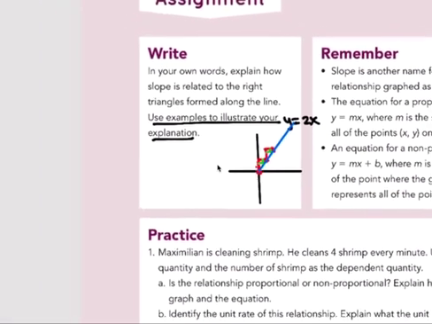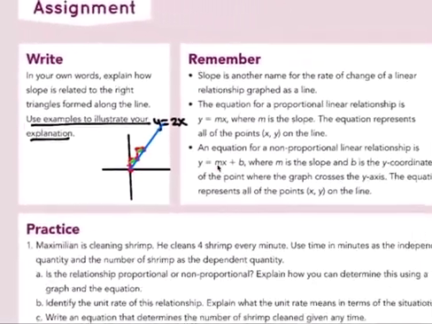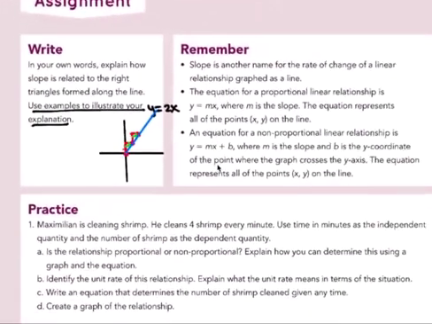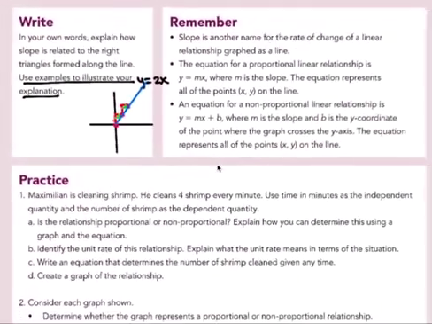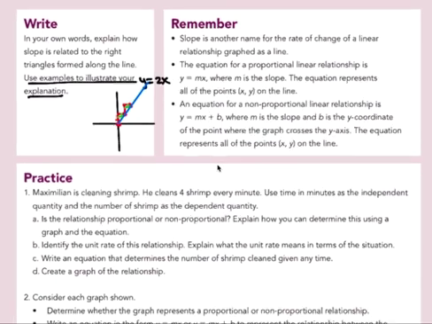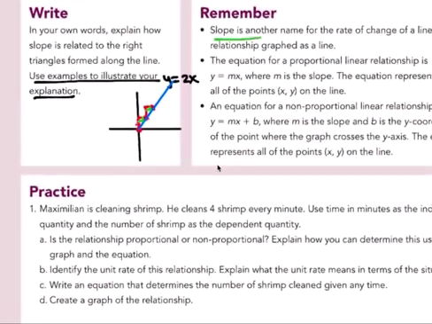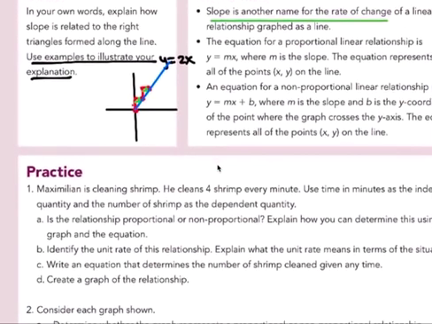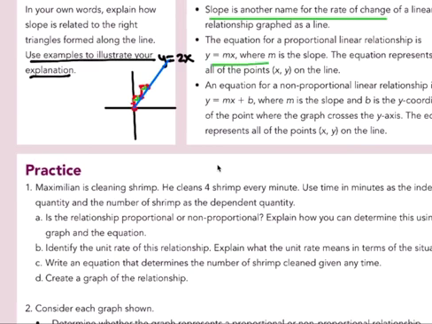So you can explain that any way you like, any way you can understand it. I like this because it says slope is another one for rate of change. M is the slope. All these are important.